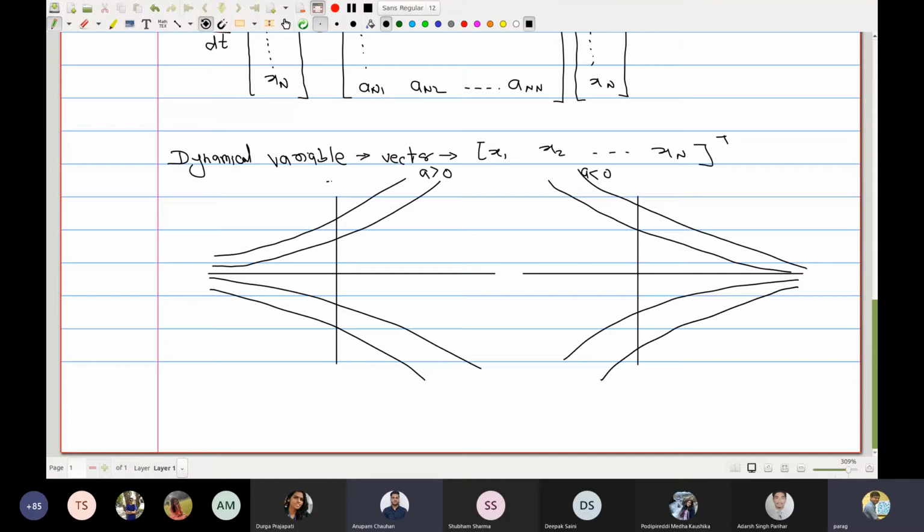So this is x, this is t, this is x, this is t, and finally you draw the final portion of your phase portrait like this, where this is your equilibrium solution. In this case, you have a source solution, and in this case, you have a sink solution, right?